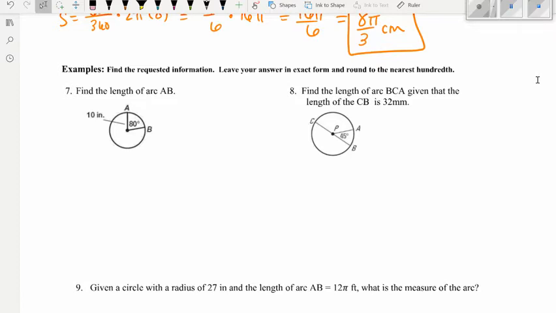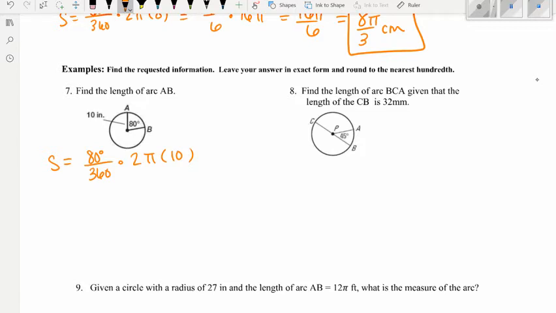So for the first one, we have 10 inches for the radius and 80 degrees for the central angle. So we want to find the arc length. So the arc length is equal to the 80 degrees divided by 360 times 2 times pi times r, which is 10.